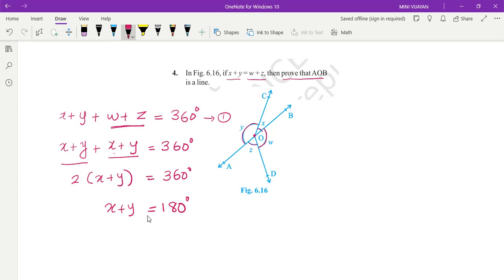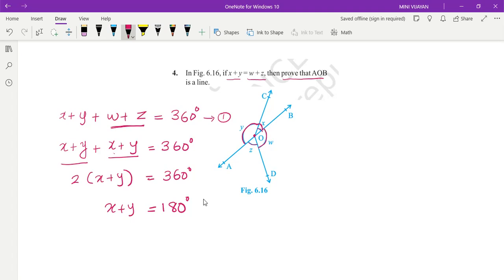Since x plus y is equal to 180, we can say that these two are linear pair angles. They both form a straight line. Which line is formed with this x plus y? This is y and this is x. The line formed there is AOB.